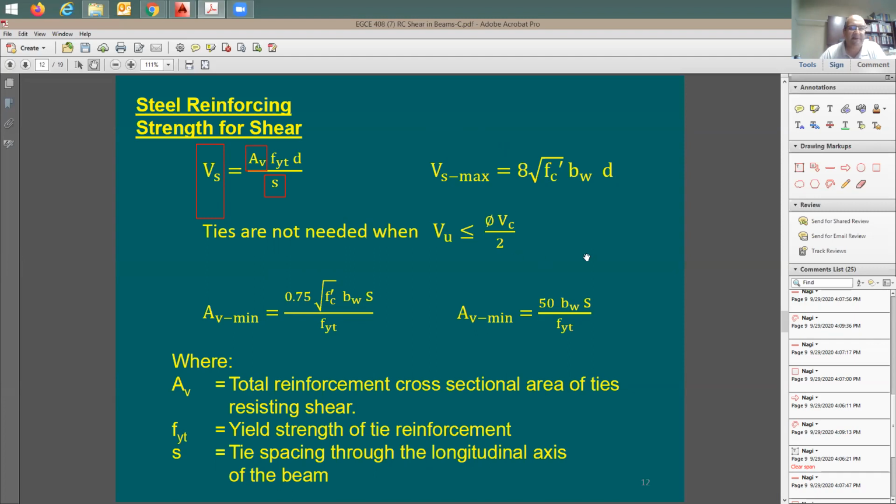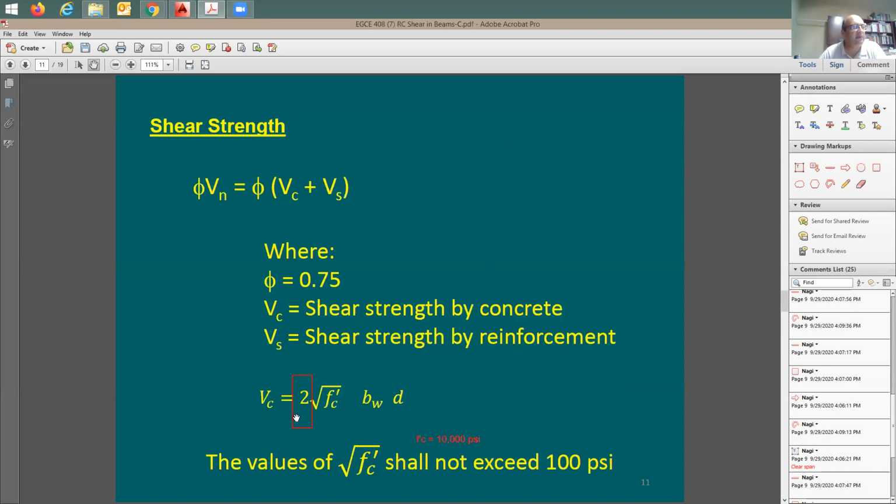Also, the code says here, if the demand is very low when you compare it with the strength, what does it mean by this? Let's say I did this equation here, and phi Vc, I'm going to call it here phi Vc.